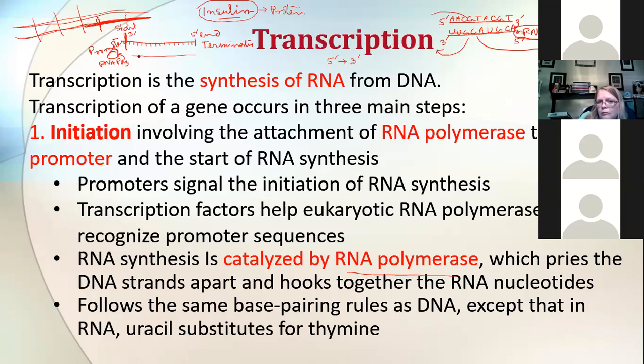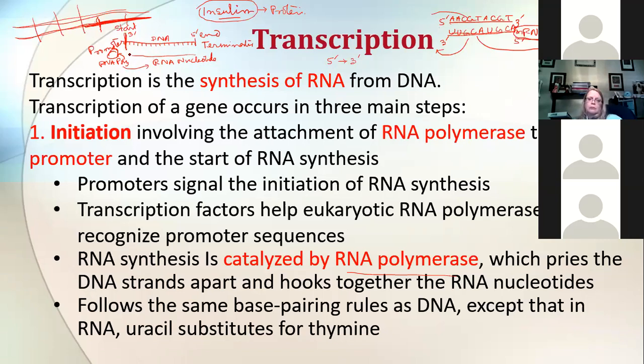This time we are making RNA, so RNA polymerase picks up RNA nucleotides. So basically, it picks up adenine, guanine, cytosine, and uracil. Based on the arrangement of the nucleotides on DNA, RNA polymerase reads and picks up the RNA nucleotides and makes a complementary RNA segment.